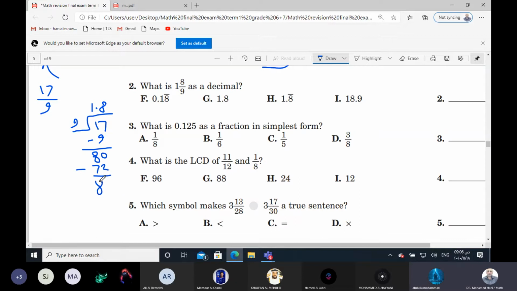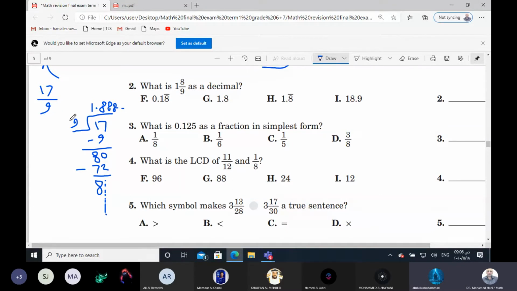The 8 will continue. No, this is not a terminating decimal. This is a continuous decimal. The remainder 8 will be repeated, 8, 8, 8, 8 to infinity, and in the answer we also have 8, 8, 8, 8 to infinity.